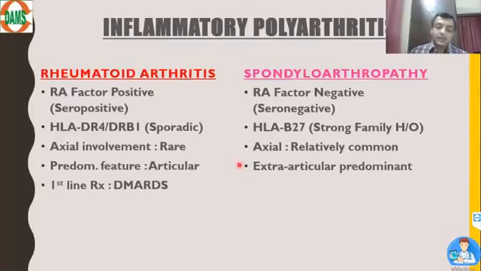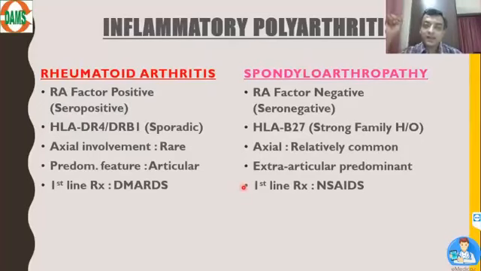Okay. So why is it important? It is important to differentiate because the treatment is different. The first line of treatment in rheumatoid arthritis is DMARD, while the first line of treatment in SPA is NSAID.